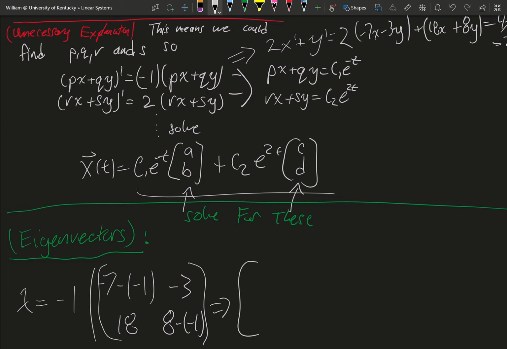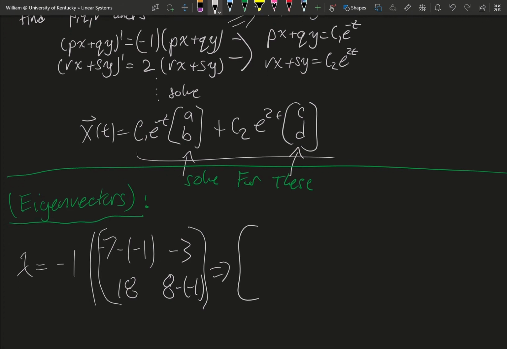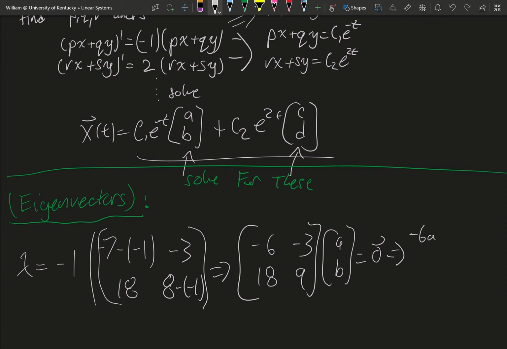We'll do one round of simplifying. -7 plus 1 is -6. And we would end up with the following system.